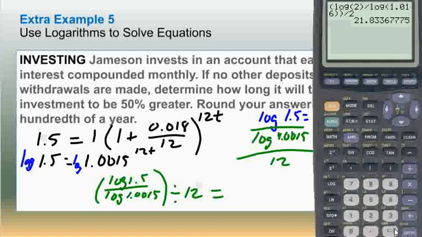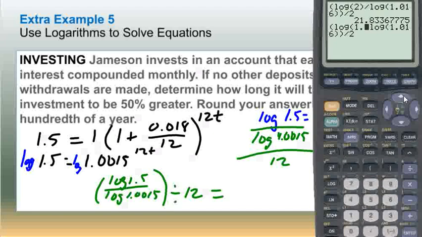This is log of 1.5 in parentheses, divided by log of 1.0016, end parentheses, divide by 12. We would get an answer of 21.13.